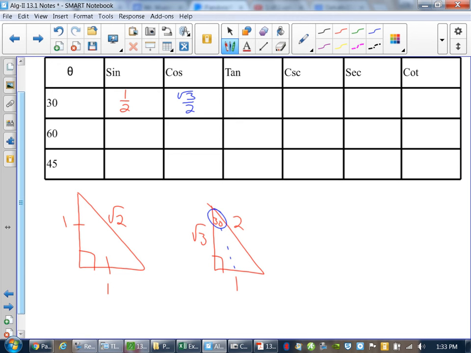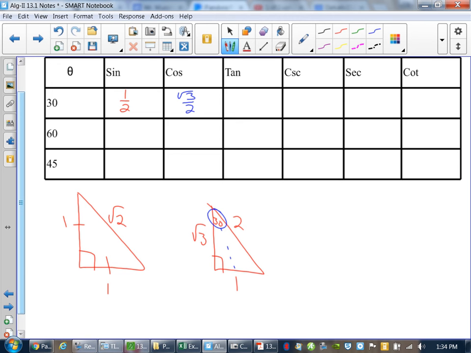Tangent. Remember, tangent, we probably should write this down in case you guys forgot. So if I do all that, the tangent at 30 is going to be the opposite over adjacent.